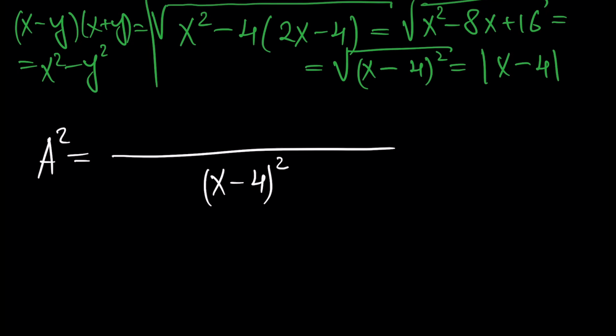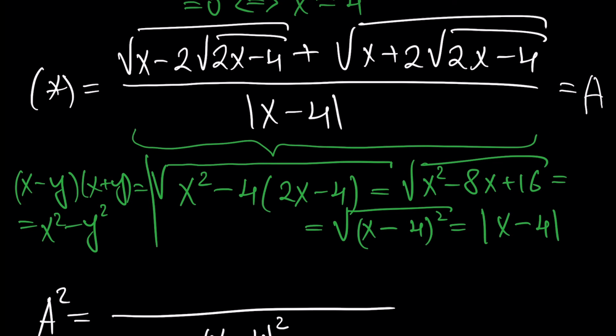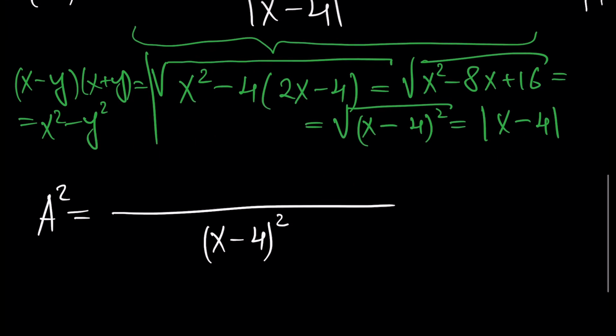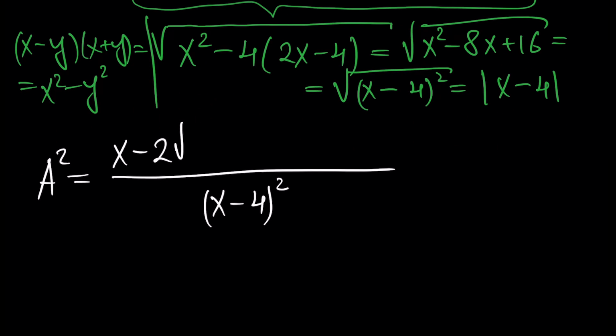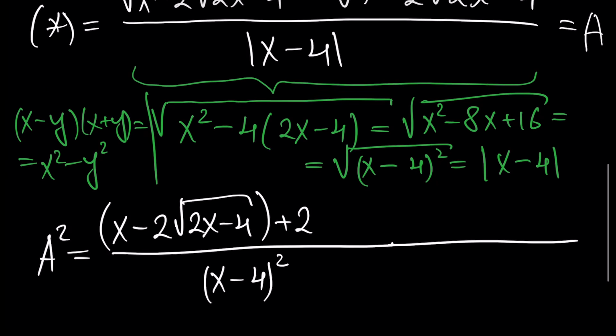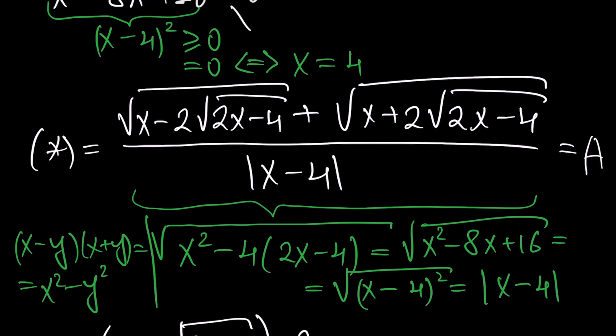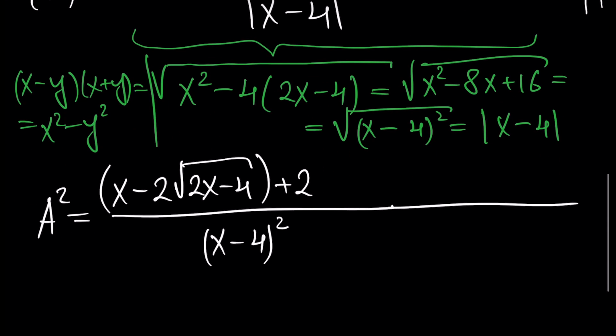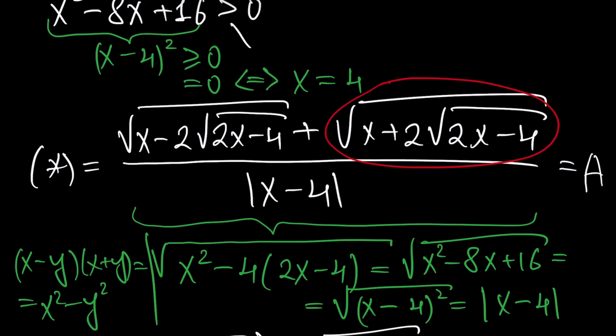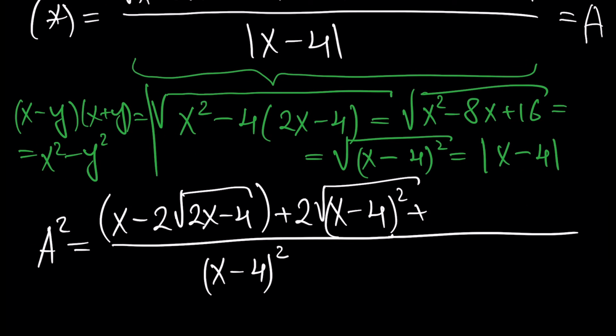This will be x minus 2 times square root of 2x minus 4, times 2, and this times this using the formula x minus y times x plus y equals x squared minus y squared, we will have the square root of x minus 4 squared, plus this squared, x plus 2 times square root of 2x minus 4.